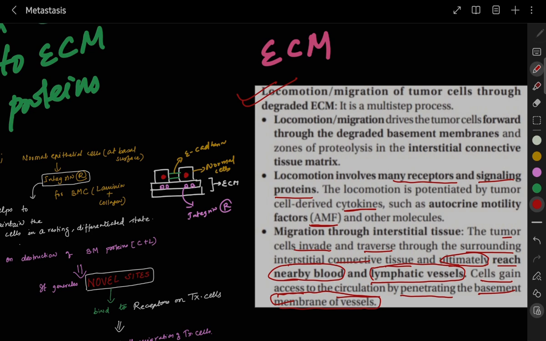Then it involves many receptors and signaling proteins, one of which we discussed is the cytokine, autocrine motility factor, which you have to remember. And then the migration happens through the interstitial tissue, to either the blood or the lymphatic vessels, by penetrating the basement membrane of these vessels.